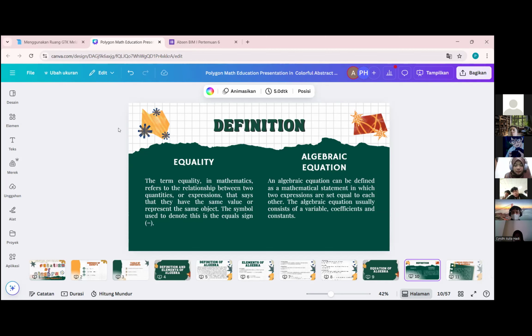Misalnya 1 tambah 5 sama dengan 5 tambah 1. Nah, itu adalah kesamaan, kita sebutnya similarity. Kesamaan, menggunakan sama dengan juga, tapi tidak ada variabelnya, tidak ada koefisien, tidak ada konstantanya. Tapi kalau equation, seperti yang tadi sudah dijelaskan di atas.